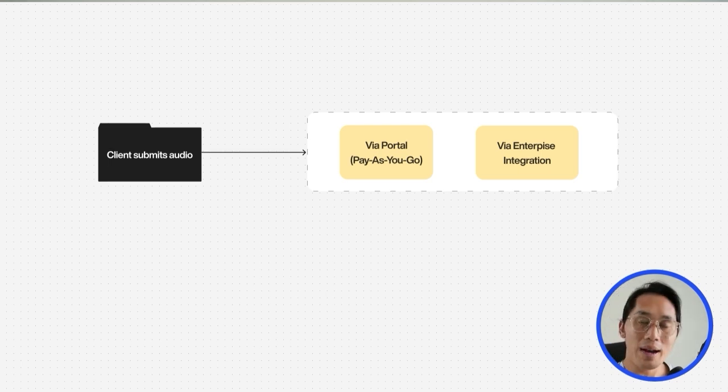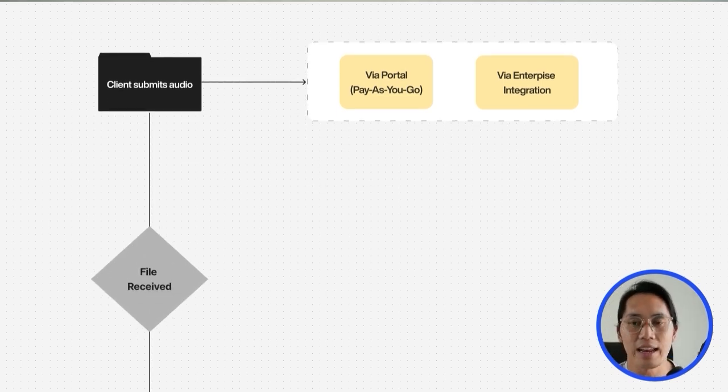Step number two, as you can imagine, audio has to be received. Now, this is really important because after the audio is received, we're going to move right along to the audio evaluation. So let's take the two scenarios that I spoke about. Scenario one is a customer, more pay as you go, a little bit more ad hoc, is going to order a transcript. That customer, generally speaking, in the same way, if you were ordering something, let's say on Uber Eats or from a restaurant, you're going to put in the line items, the different requests throughout, okay?